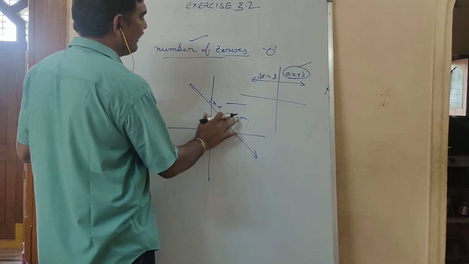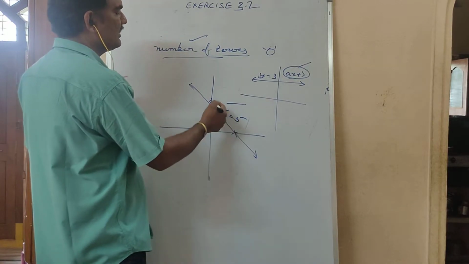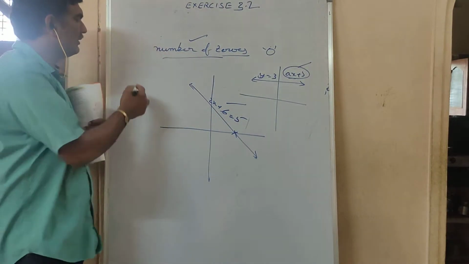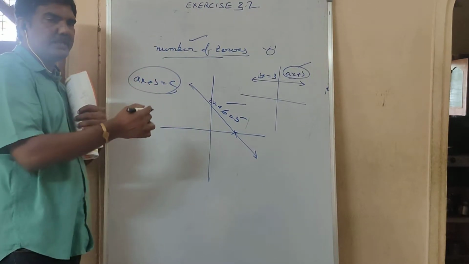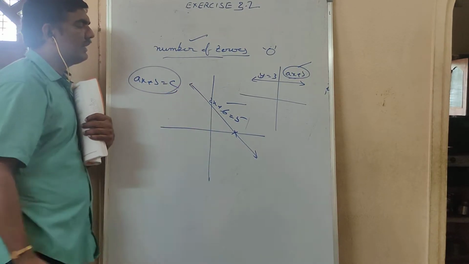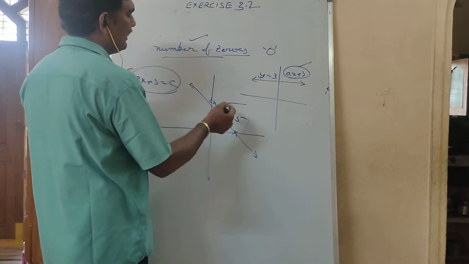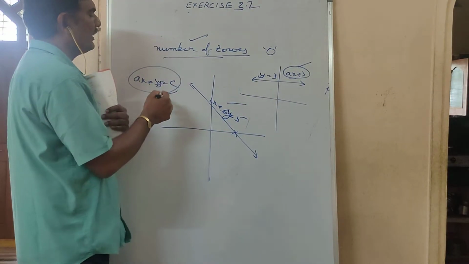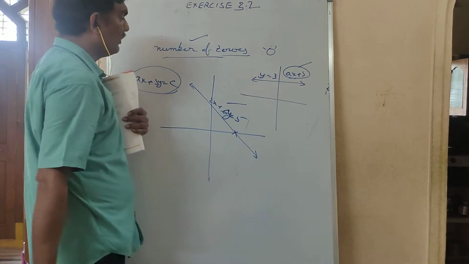If you remove 3y also, 2x plus 6 is equal to 5, it is ax plus b is equal to c, one linear equation in one variable. If you draw a graph, you will get a line like this. If you take y also, nothing will happen. One line like this you will get. Its number of zeros will be only 1.